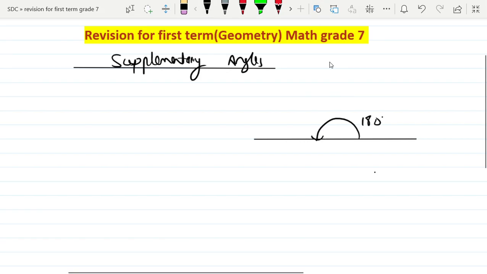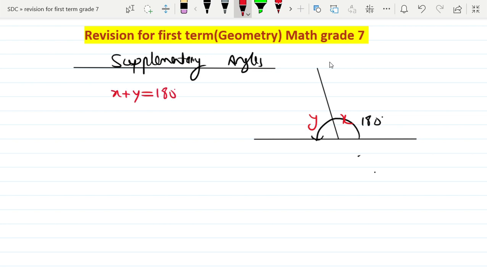If we break this angle into many parts, 2 parts, 3 parts, their sum will again be the same. I separate this whole straight angle into two parts, x and y. So x plus y equals 180 degrees, and for this we provide the reason: being supplementary angles. These are adjacent, so we can also say adjacent supplementary angles.